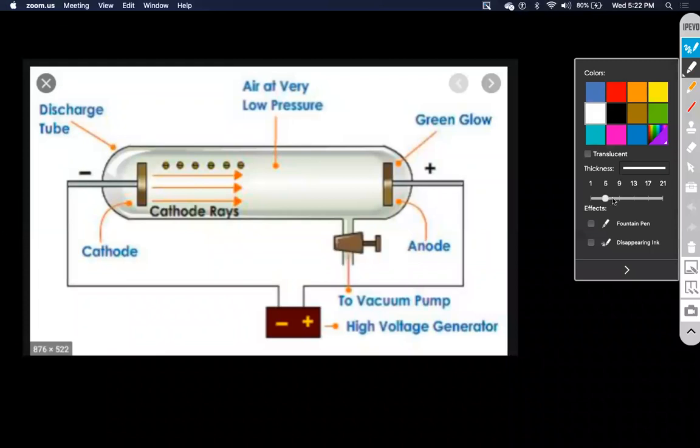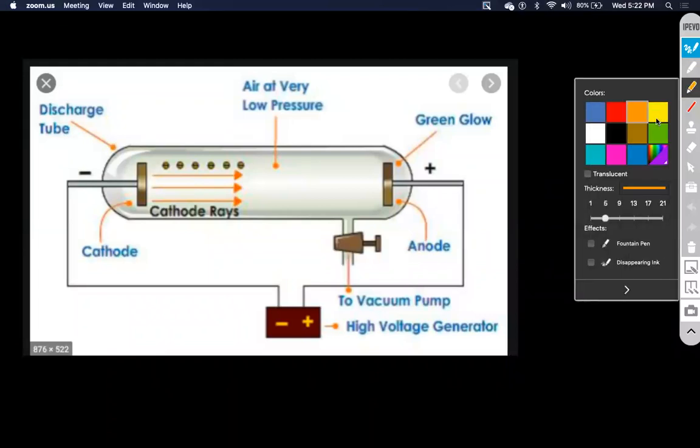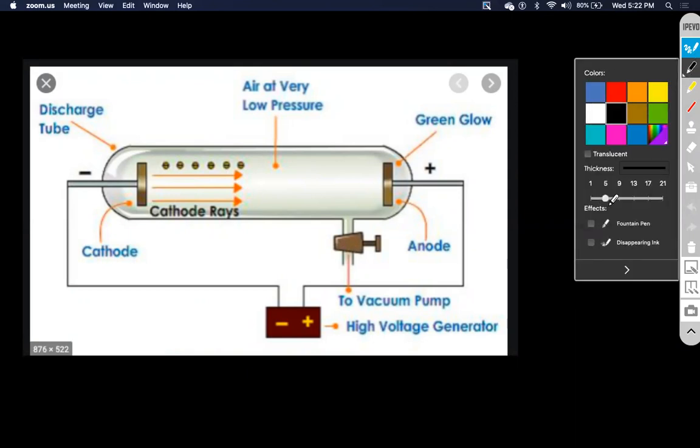Here, you see, a very low pressure gas was taken. The reason for taking a very low pressure gas is that a low pressure gas will help in the conduction of electricity.